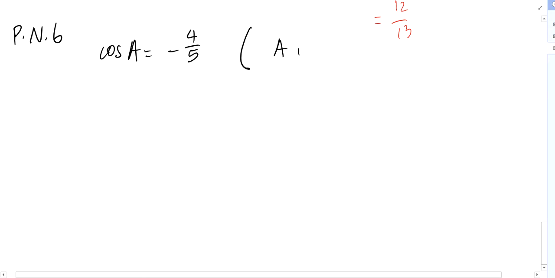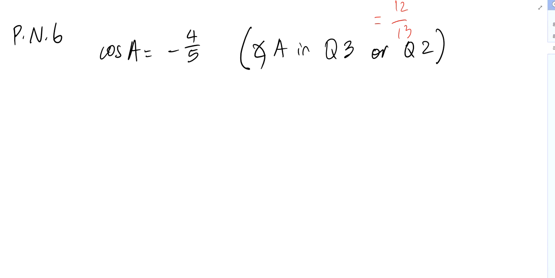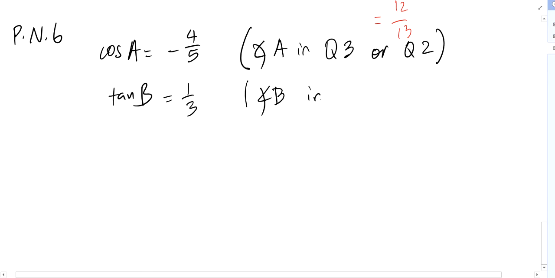Therefore, A is in which quadrant? 3 only? Or quadrant? How can it be 1? 1 is positive. So it's 2 or 3. Tangent B equals 1/3, which is a positive value. That tells us that angle B is in which quadrant?